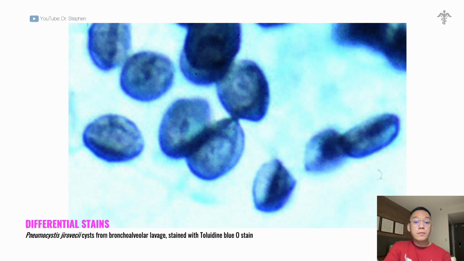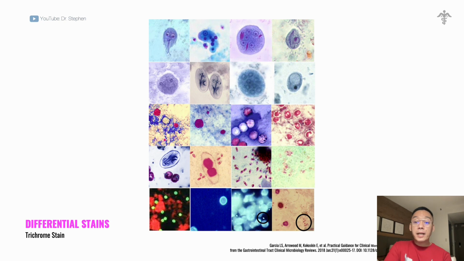Okay. Next is a trichrome stain. This is just a fancy photomicrograph that I got from the internet and the research from Garcia et al. In the first row, these are the permanent stain options for various organisms. We identify them from left to right. Wheatley's trichrome stains: first is your Giardia lamblia trophozoite.